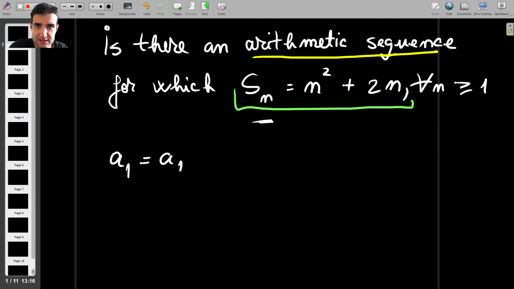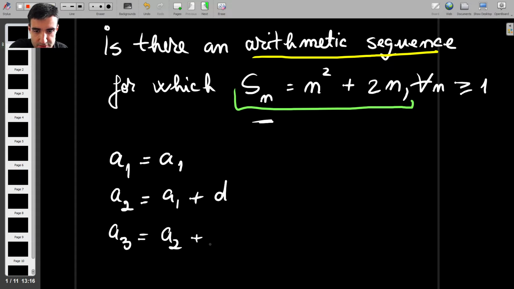I'm going to start by writing the first term, and I'm going to just make the obvious statement that a1 is equal to a1. That's the first term in the arithmetic sequence. Now the second term is created by adding a difference, d, to the first term, and then every other term is obtained exactly in the same fashion. So you add the same difference to the previous term.